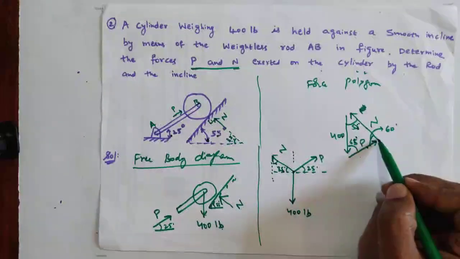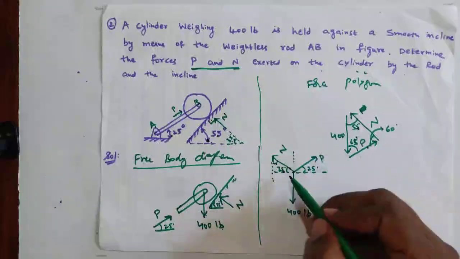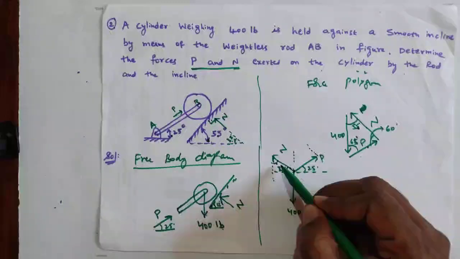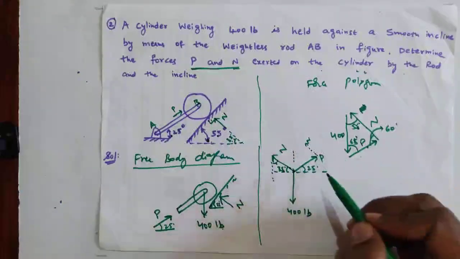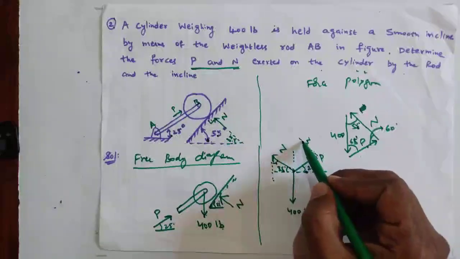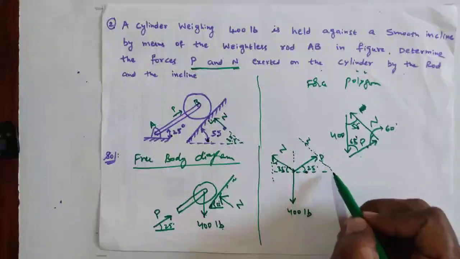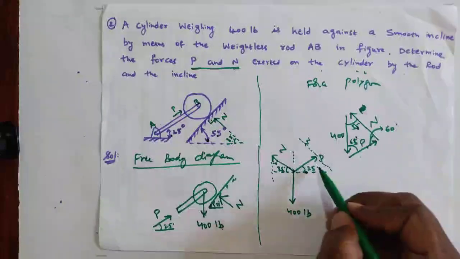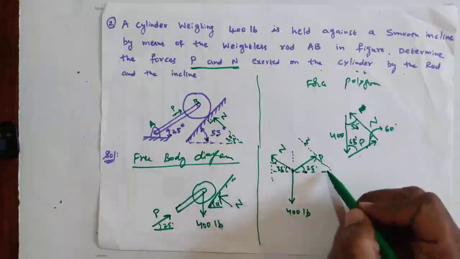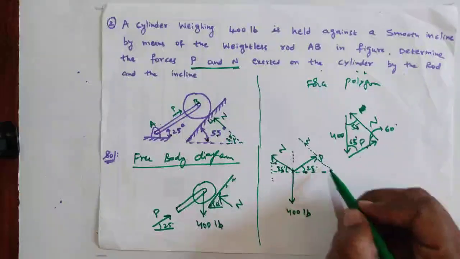Similarly, P with N: if I extend this N line here, dotted line, we can shift the places. If I shift like this, here already 25 is there. And here will be P and N. If I shift here like this, here we will get 60 degrees.